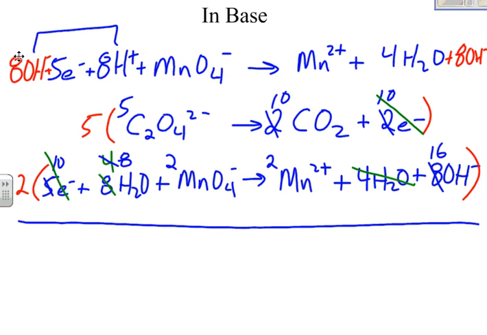Again, in this case, now we'll rewrite the equation. We'll add the equations together down below. So I have 5 of the oxalate ions on the left from the first equation, and then I'm going to have 8 water molecules.